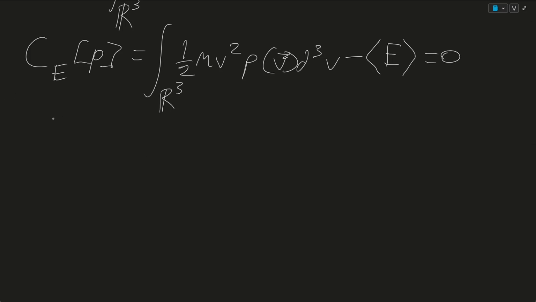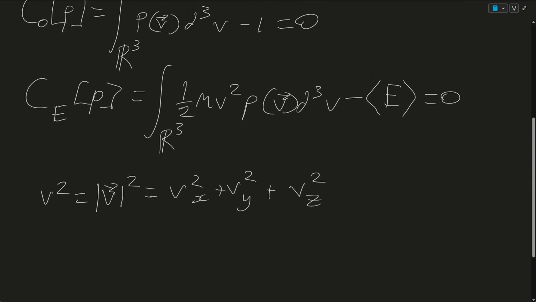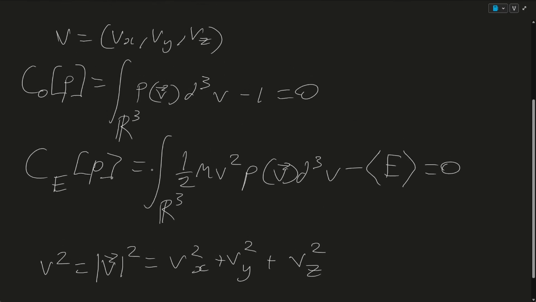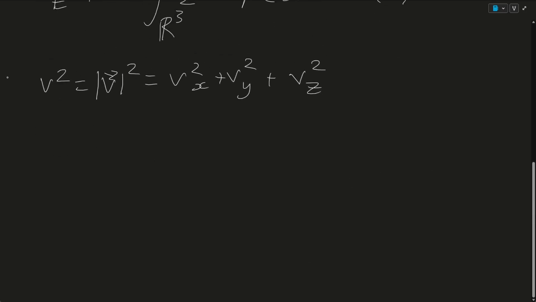And of course here v squared is the sum of the squares of the velocity components. And we can use these two boundary conditions to construct a Lagrangian functional.